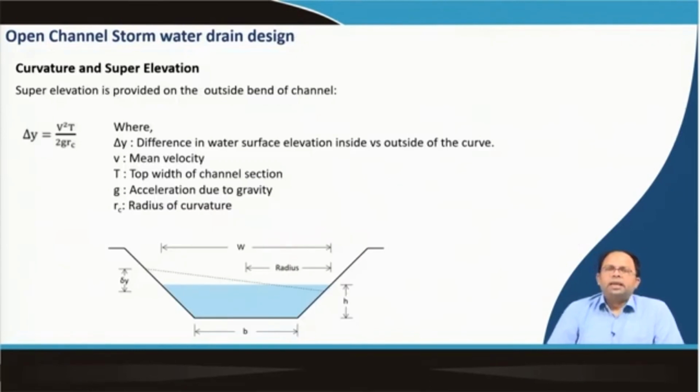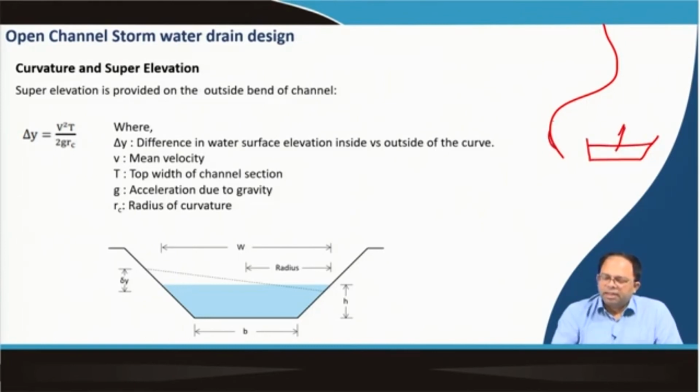Now, stormwater channels do not go in a straight line; sometimes they can bend. That means we have to provide some radius to it, and because these are open channels and water flows along them at a particular velocity, wherever there is a turn, there is a tendency for the water to pile up on one side.